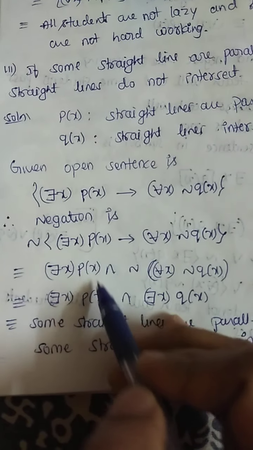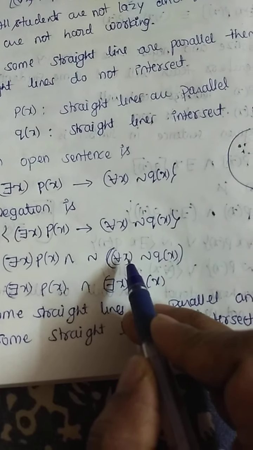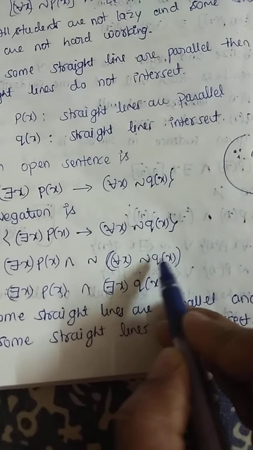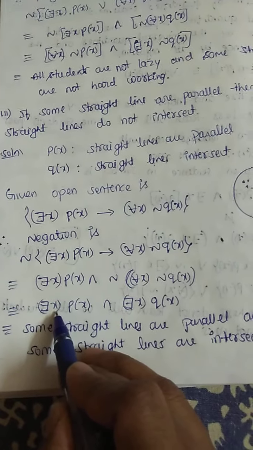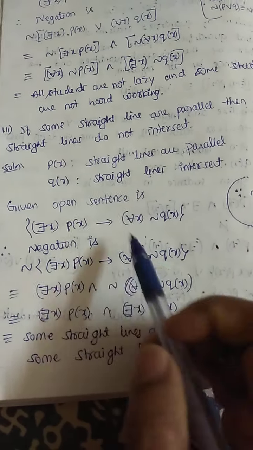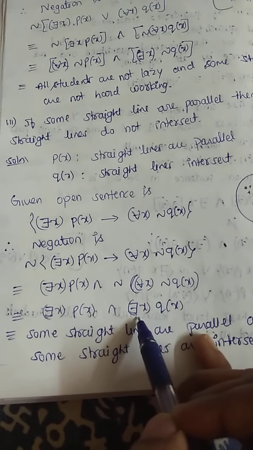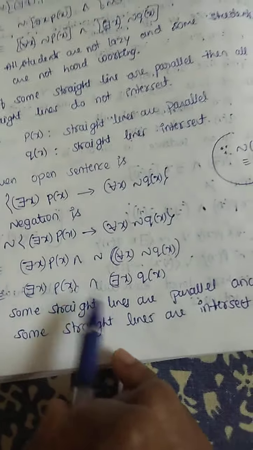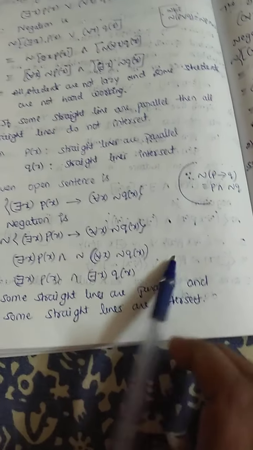Negation of for every x is there exists x, negation of negation q of x is q of x. So: some straight lines are parallel and some straight lines intersect.